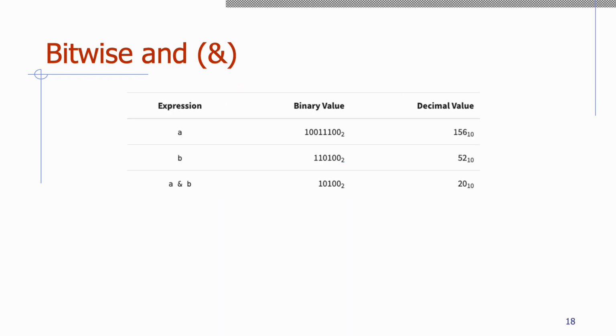Here is an example for bitwise AND. We have an expression where A is equal to this binary value here, and 156 as a decimal value, and B is this binary value here and the decimal value 52. So bitwise AND has two bits turned on in the positions where both operands are ones.